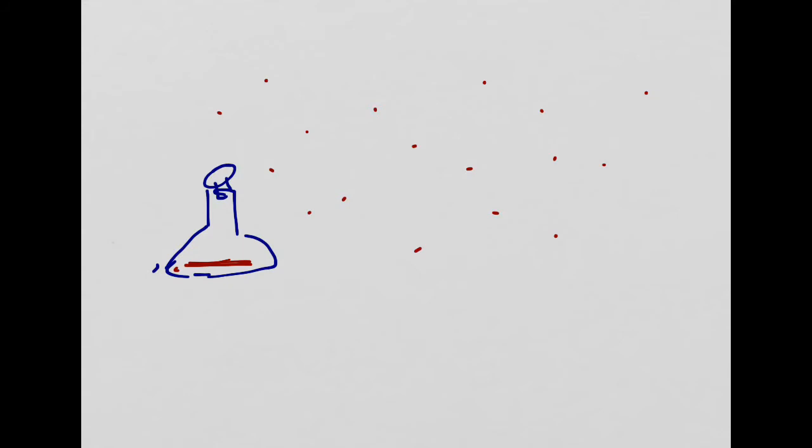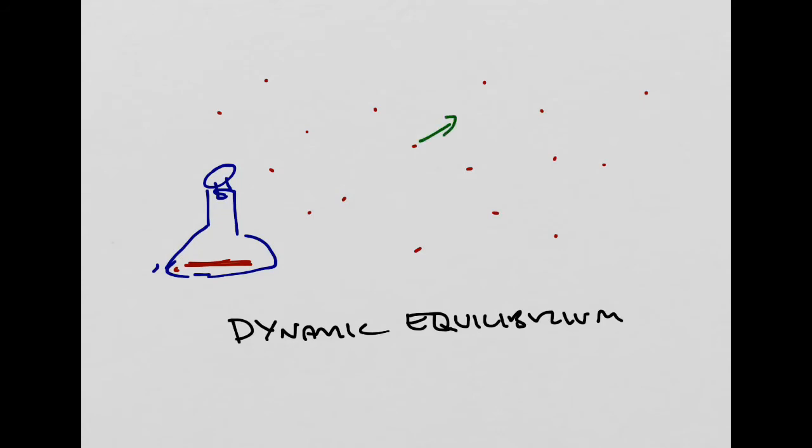Okay, so again, there are a couple of terms I just used there. One was dynamic equilibrium. So we have equilibrium in that there's no high or low concentration in this space here, but all these molecules can move around, and they're moving around in random directions.